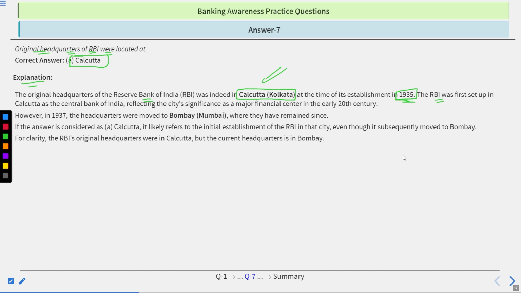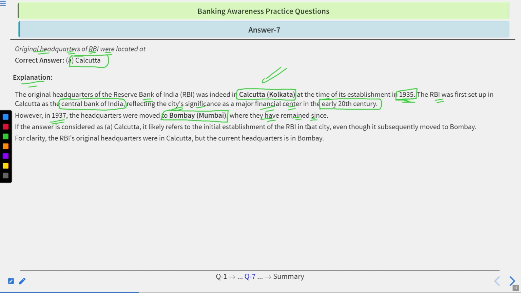The RBI was first set up in Kolkata as the Central Bank of India, reflecting the city's significance as a major financial center in the early 20th century. However, later in 1937, the headquarters were moved to Bombay, Mumbai, where they have remained since.